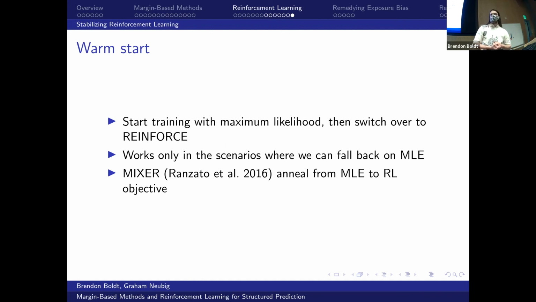Would you be forcing the model to generate bad sentences, like an anti-beam search or something?